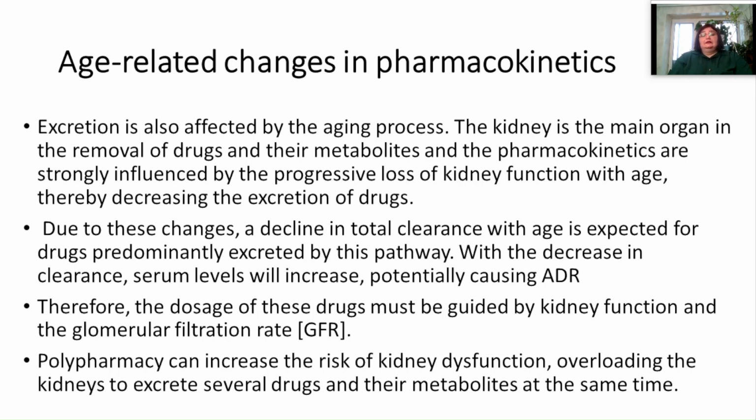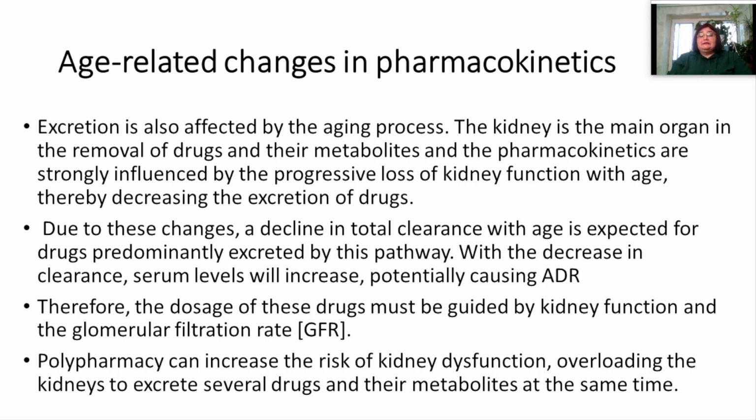Excretion is also affected by the aging process. The kidney is the main organ in the removal of drugs and their metabolites, and their pharmacokinetics are strongly influenced by the progressive loss of kidney function with age, thereby decreasing the excretion of drugs. Due to these changes, a decline in total clearance with age is expected for drugs predominantly excreted by the renal pathway.